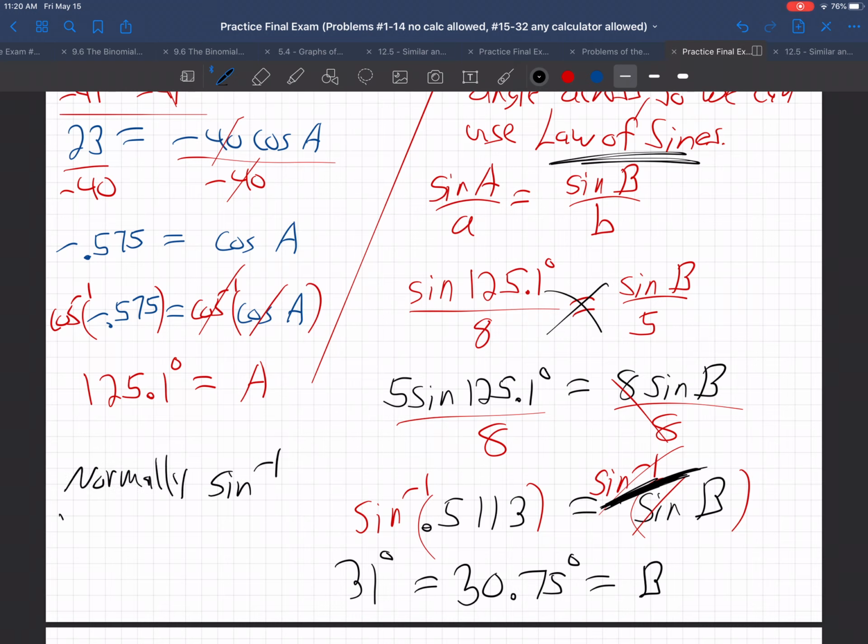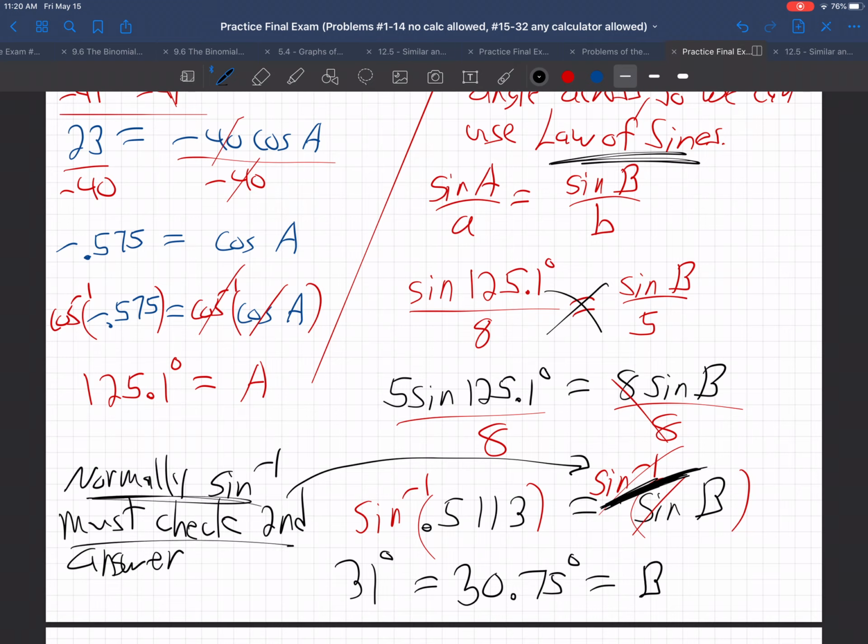Normally, when you do sine inverse, you must check for a second possible answer.